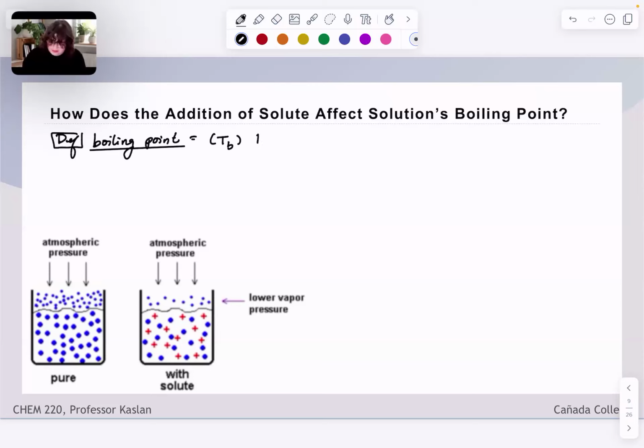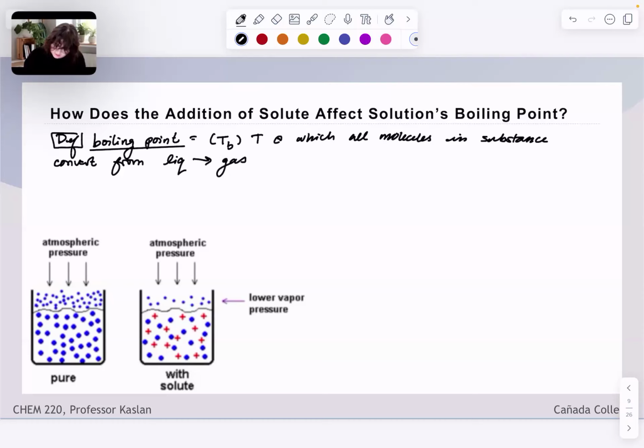So yes, this is the temperature at which all molecules in a substance convert from the liquid phase to the gaseous phase.